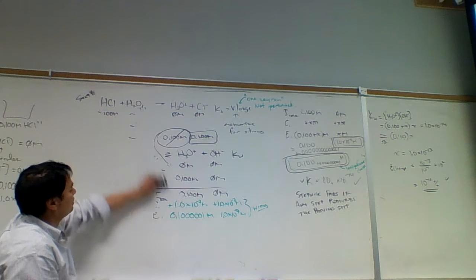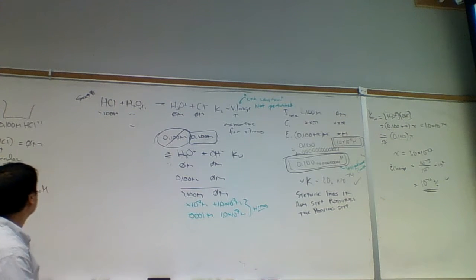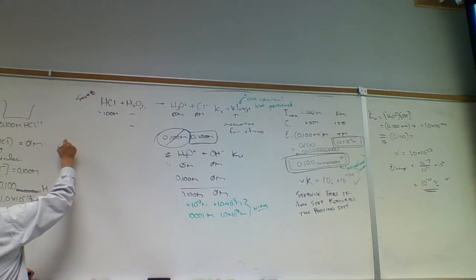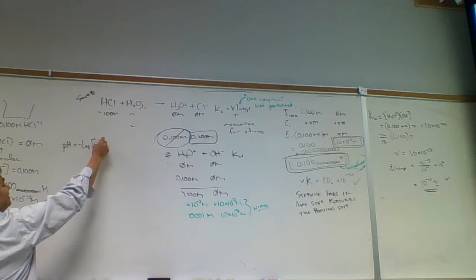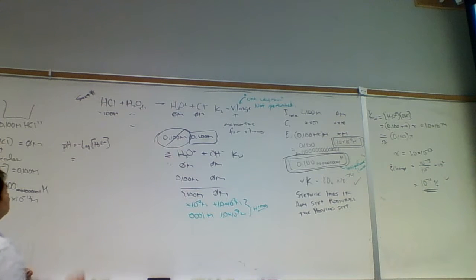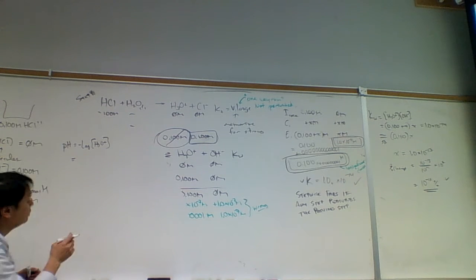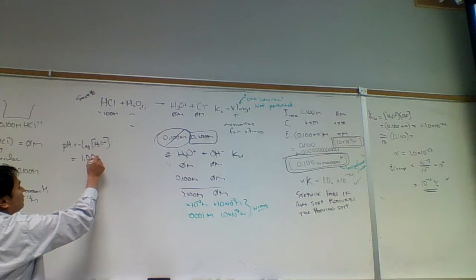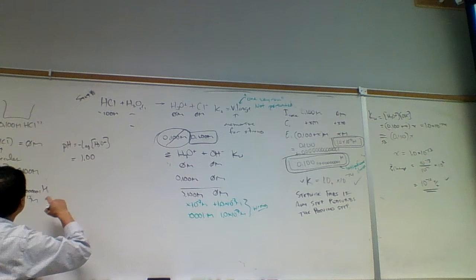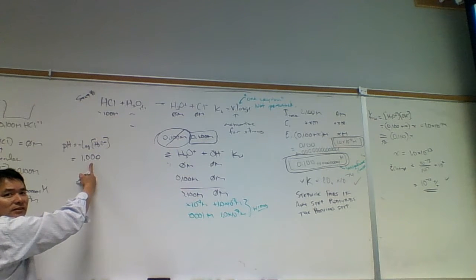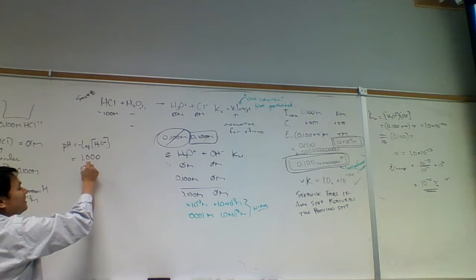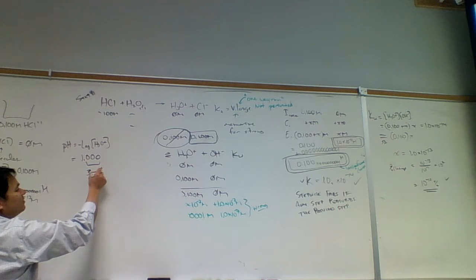And then let's calculate the pH of this solution. The pH is going to equal the negative log of the hydronium ion concentration. What does it come out to? We're allowed 3 sig figs. Is that 3 sig figs or 4 sig figs? Actually, this is a power function, so this is 3 sig figs.